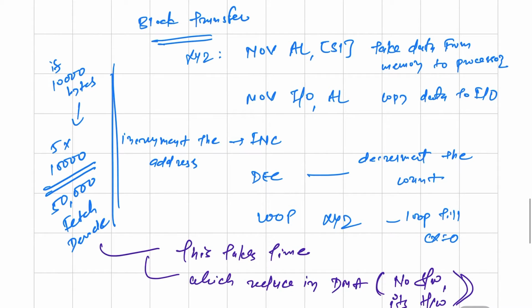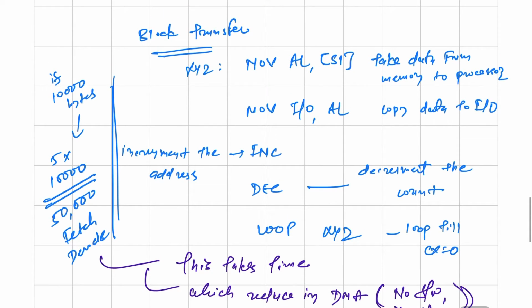Why? Because just take the case that if you want to transfer something from your memory to input output, there must be some code running in the background because your processor is doing this. If you want to do any task from the processor, you need to write code, right? Coding is needed. Suppose we take a simple small program.